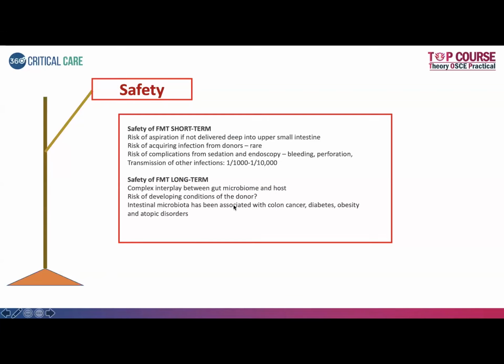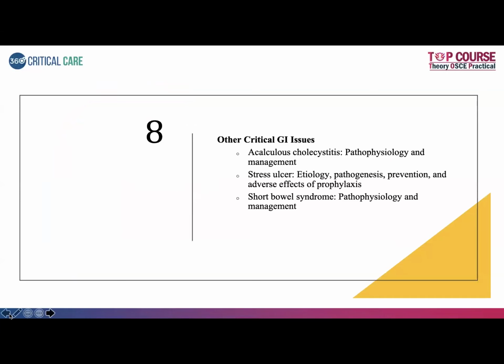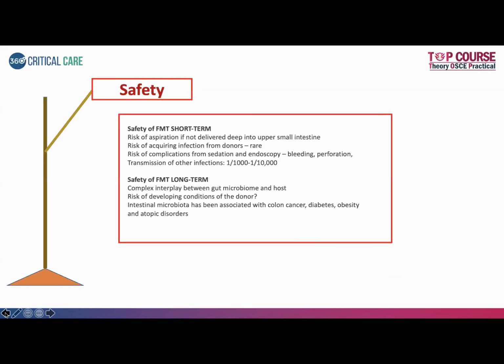Long term, it involves a complex interplay between the gut microbiome and the host, so the conditions of the donor play a role. Intestinal microbiota has been associated with colon cancer, diabetes, obesity, and other atopic disorders as well. So we come to the end of this session.